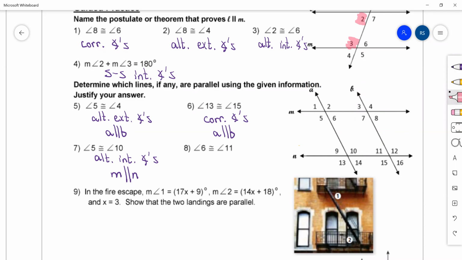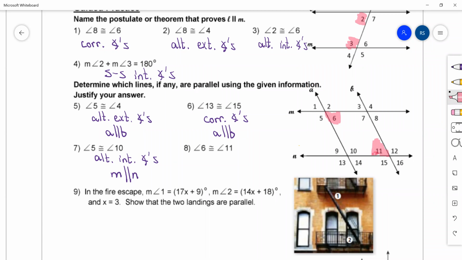And the last group, 6 is congruent to 11. Do these even involve the same lines at all? No. 11 is B and N. 6 is A and M. Whoop.